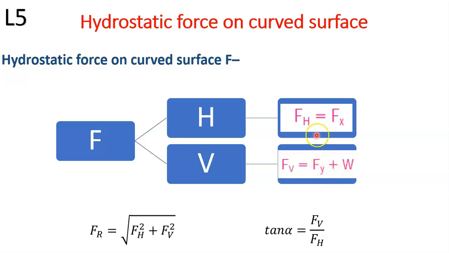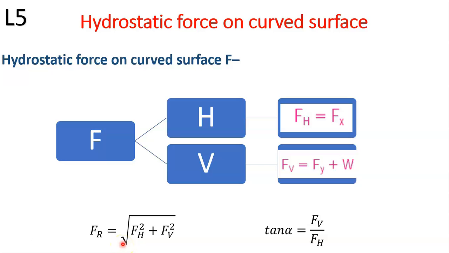So here we have two relevant expressions which govern the calculation of horizontal and vertical forces, in order to find the resultant force on the curved surface. The resultant force is the square root of Fh square plus Fv square.